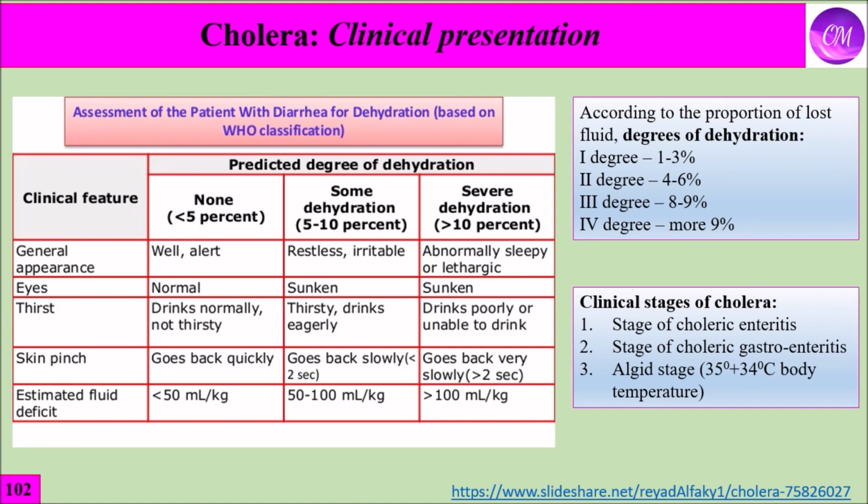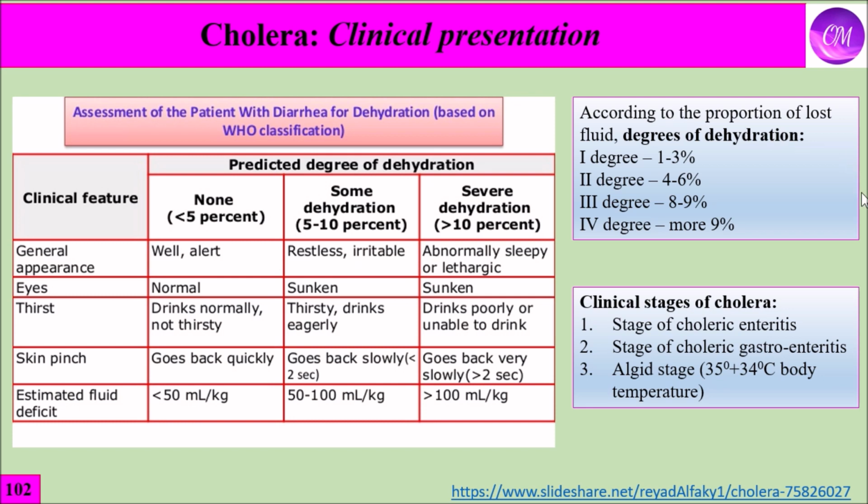Here you see the tables about the clinical presentation of cholera. Here you see the assessment of patients with diarrhea for dehydration, divided into 3 degrees: none, some dehydration, and severe dehydration, more than 10%, and the clinical features.